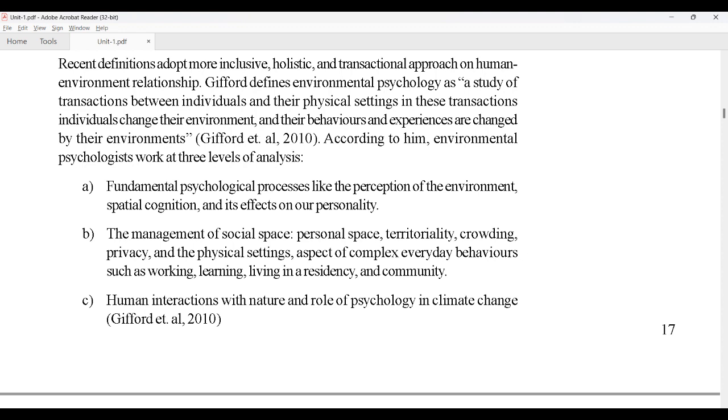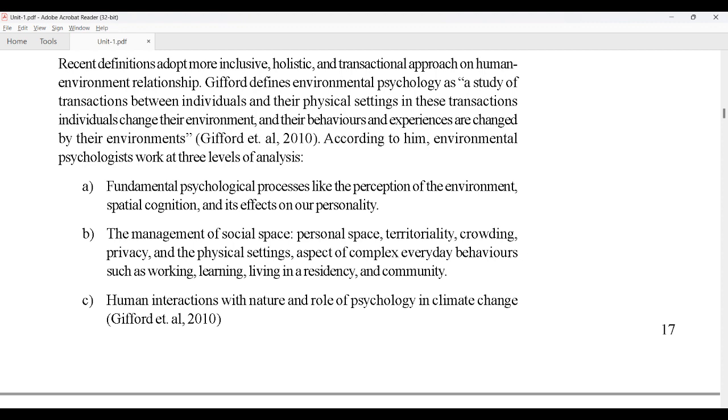Gifford defines environmental psychology as a study of transactions between individuals and their physical settings. In these transactions, individuals change their environment, and their behaviors and experiences are changed by their environments. According to him, environmental psychologists work at 3 levels of analysis: a.